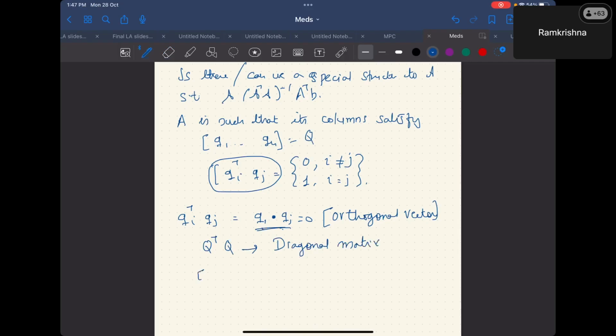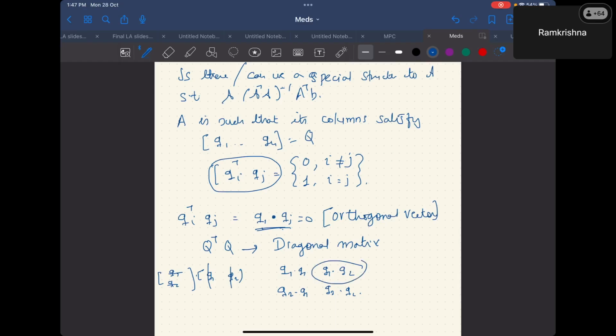Okay, because let's say in 2 dimensions I have Q1, I have Q2. So these are my columns, and then I'm taking a transpose of this and multiplying. So I'll have Q1, I'll have Q2, something like this, and I'm doing a dot product with this. So I'll have Q1 dot Q1, Q1 dot Q2, Q2 dot Q1, and Q2 dot Q2.